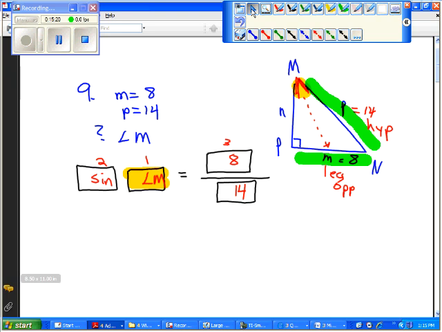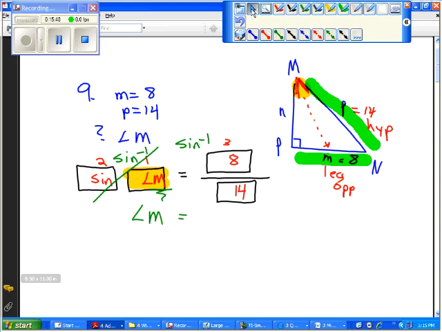I was thinking of the next step, and I forgot what I was talking about. Now, we want to undo sine. We're trying to isolate the variable, so we undo sine with the inverse of sine. What do we call the inverse of sine? Arc sine. Arc sine cancels sine.